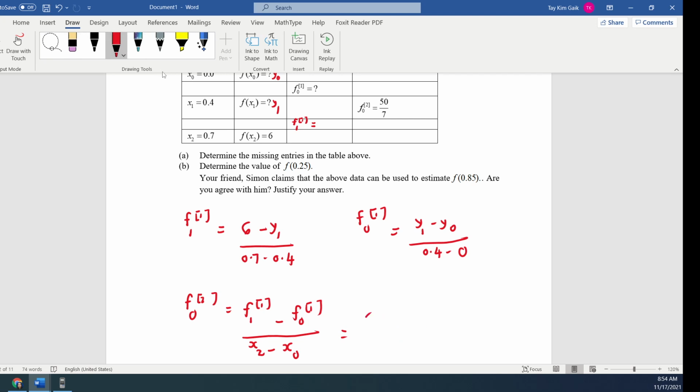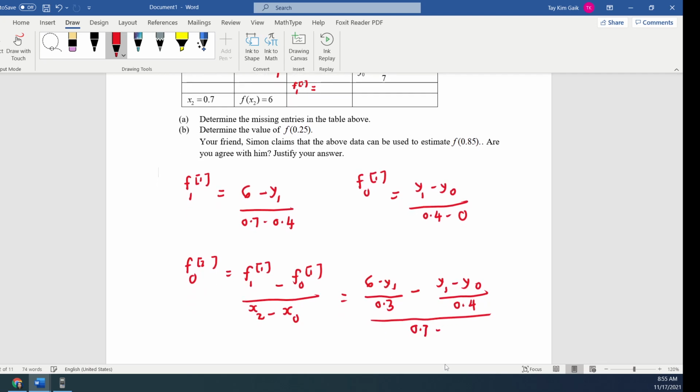f11 is 6 minus y1 divided by 0.7 minus 0.4, you have 0.3. So f01 is y1 minus y0 divided by 0.4 minus 0, and divided by x2, 0.7 minus 0.